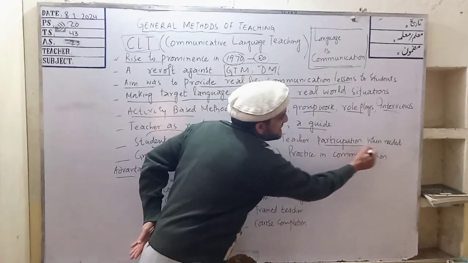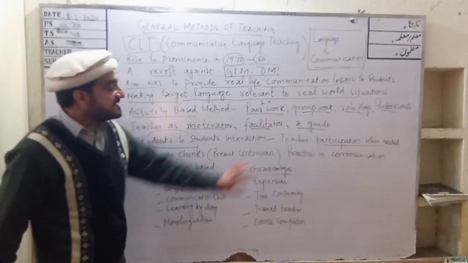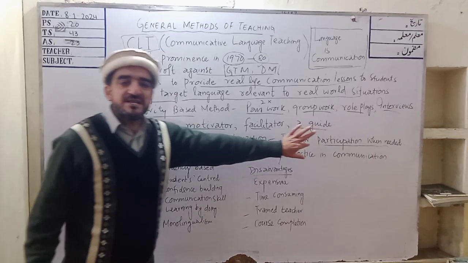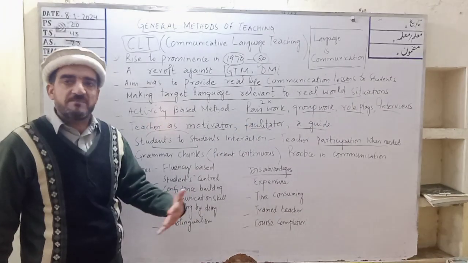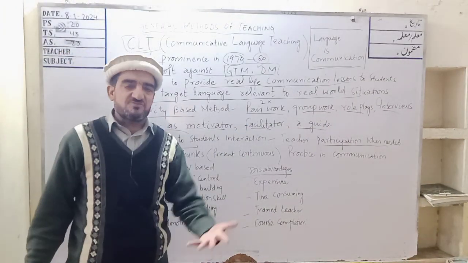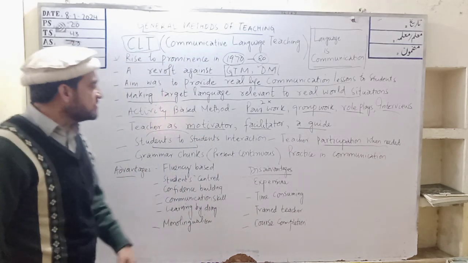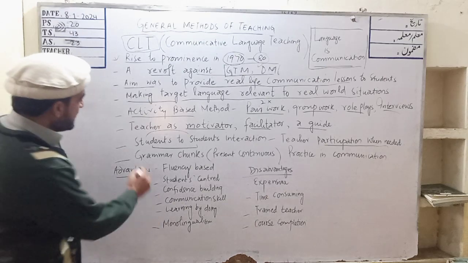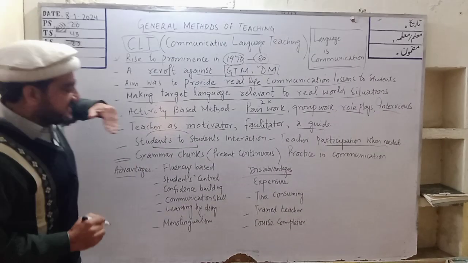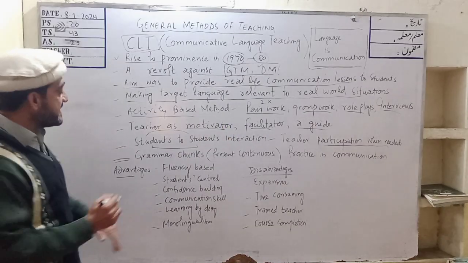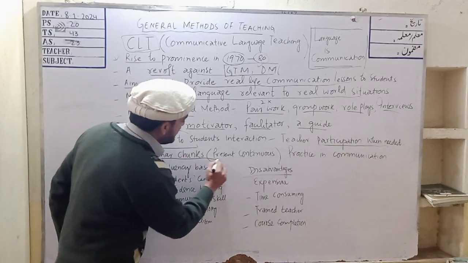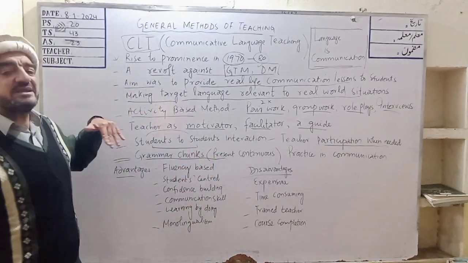Teacher's participation when needed. It means the teacher's participation is only required where there is a problem or a need of guidance. If they encounter any problem, the teacher will come to rescue them. It is systematic. Systematic means the teacher will introduce grammar chunks.